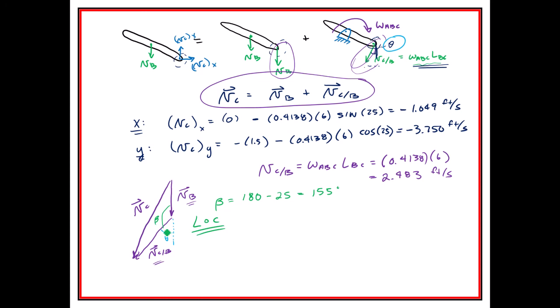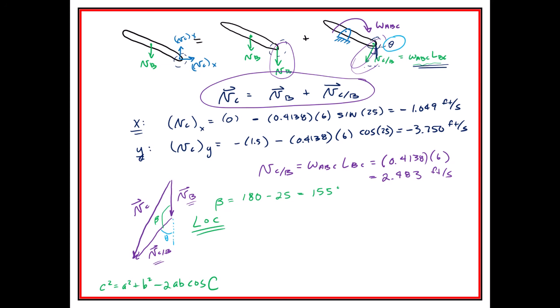So using the law of cosines, we could break this down. Remember the law of cosines: c squared is equal to a squared plus b squared minus 2ab cosine of capital C, meaning that capital C is the angle that's opposite of that little c right here.